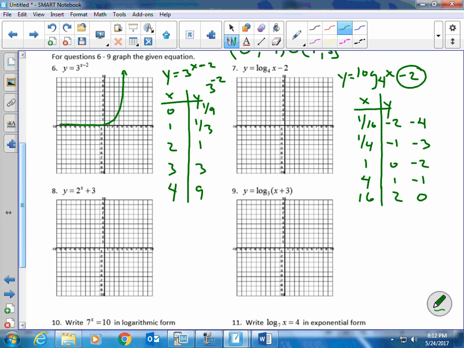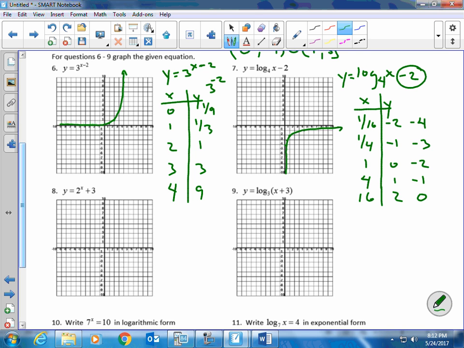So when x is 1/16, y is negative 4. When x is 1/4, y is negative 3. When x is 1, y is negative 2. When x is 4, y is negative 1. When x is 16, way out there, y is 0. Comes up along the y-axis, curves, and it doesn't hit the x-axis until out there at 16.